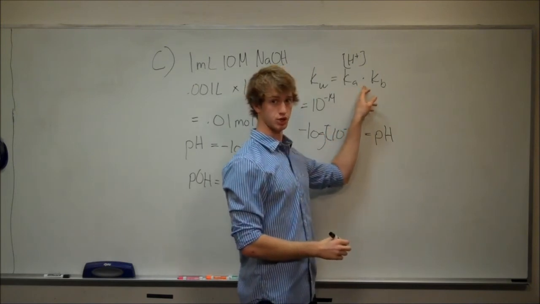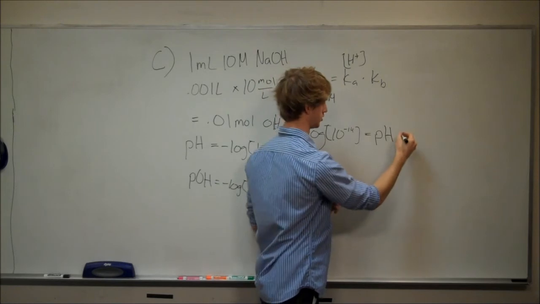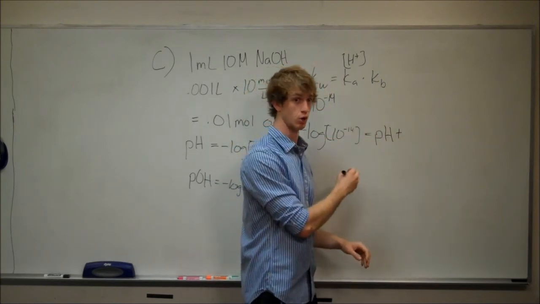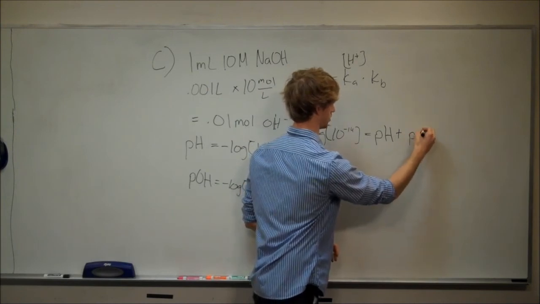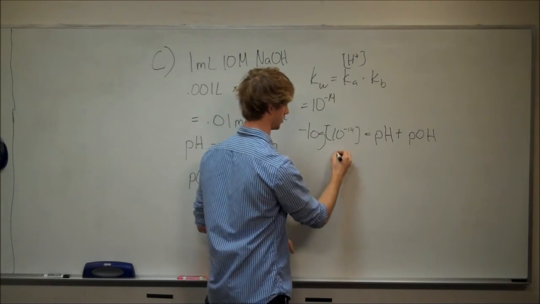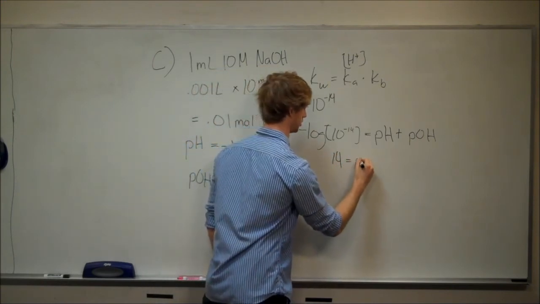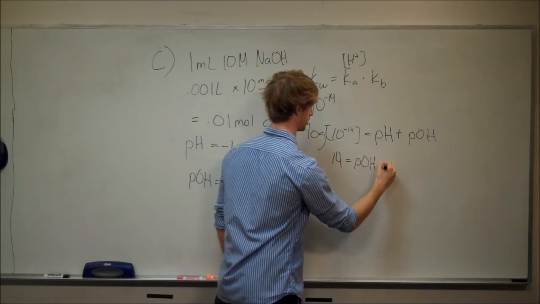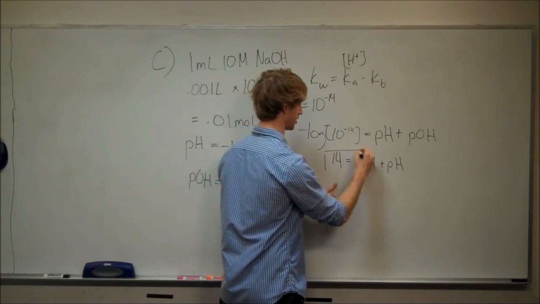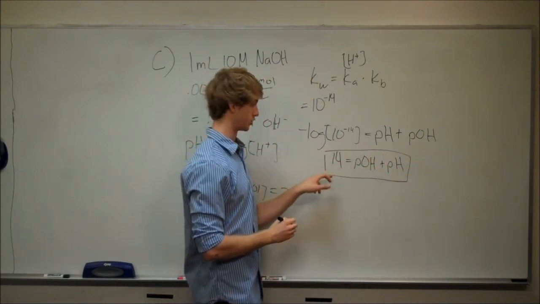When you take logs all the way across, this multiplication will become addition. And this is the amount of base we have, so that's going to be our pOH. And we'll end up with this equation. If you plug this in, you'll get 14. Okay? So we have 14 is equal to pOH plus pH. And if you just memorize this, you can go straight from pOH to pH. Alright, so they are in this ratio.